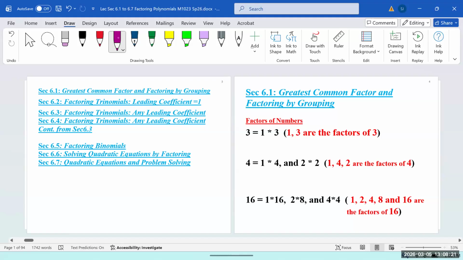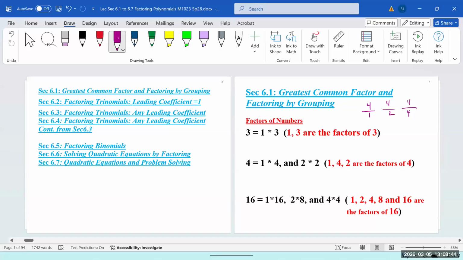How do you decide factors? You see by what numbers you can divide whatever you have. For example, 4. 4 you can divide by 1. 4 you can divide by 2. 4 you cannot divide by 3, but you can divide by 4. So 4 is divisible by 3 numbers.